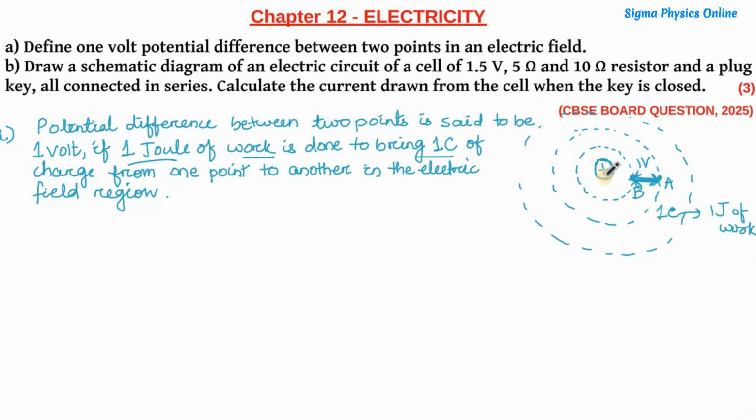So, if 1 joule of work is done to bring 1 coulomb of charge from one point to another in the electric field region, then the potential difference between these 2 points is said to be 1 volt.